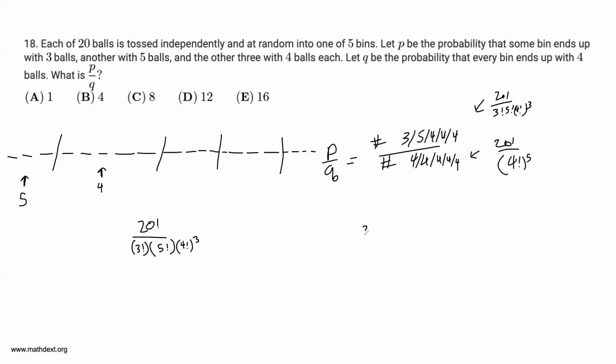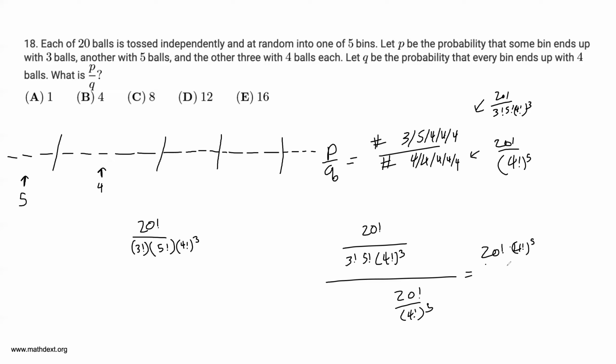So your answer is 20 factorial over 3 factorial, 5 factorial, 4 factorial cubed, over 20 factorial divided by 4 factorial to the power 5. You can write this as 20 factorial times 4 factorial to the 5 over 20 factorial, 3 factorial, 5 factorial, 4 factorial cubed.